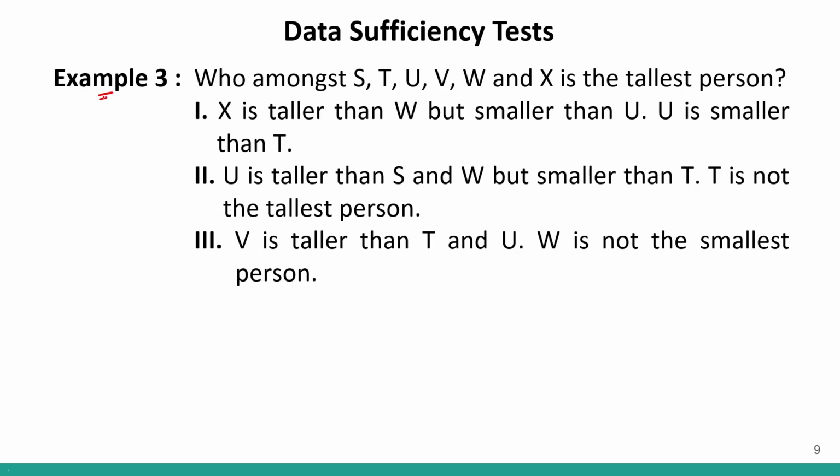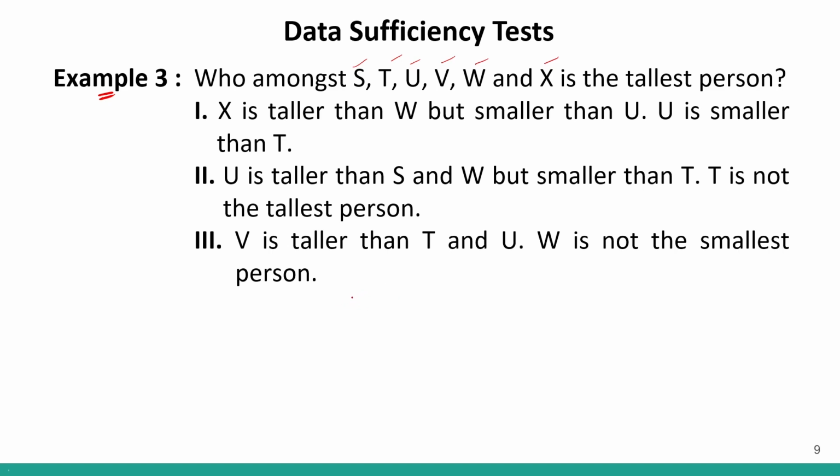Moving on to example 3, here we have three statements. Now, we have to identify among 1, 2, 3, 4, 5, 6 who is the tallest person. Among 6 people, we have to determine the tallest one.